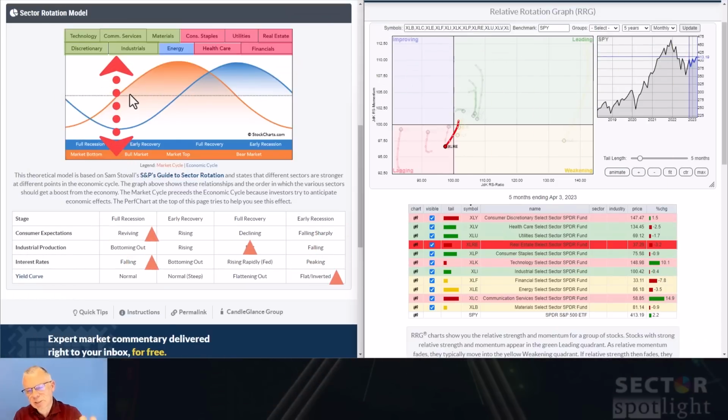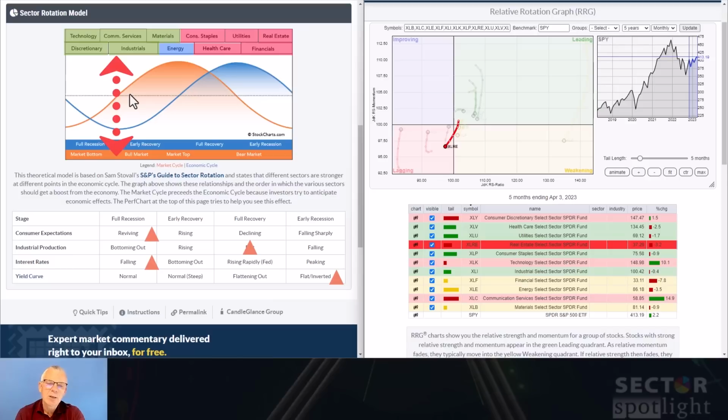And obviously that's the big debate that's going on right now. Is the S&P 500 or the stock market in general bottoming out and trying to find its way back up? Or is this just a revival and are we ready for a move further down?